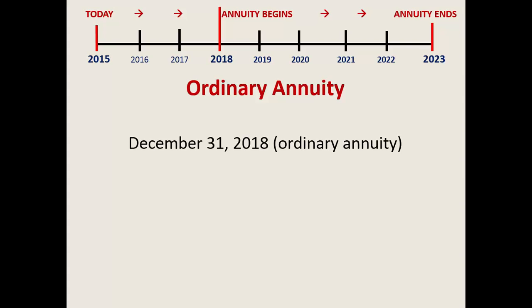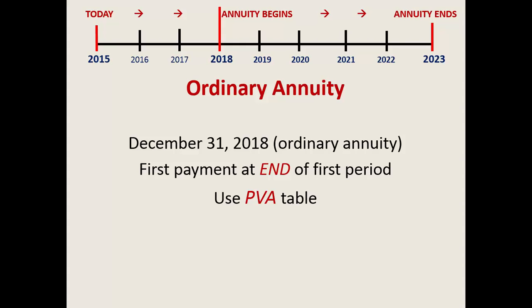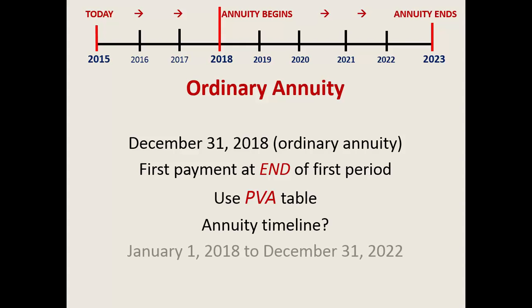Well, let's treat this as if it's an ordinary annuity to solve for it, although you can solve using both tables. The first payment is at the end of the first period in 2018. So you're going to use the PVA table. And the annuity timeline, that's going to be January 1, 2018 to December 31st, 2022.